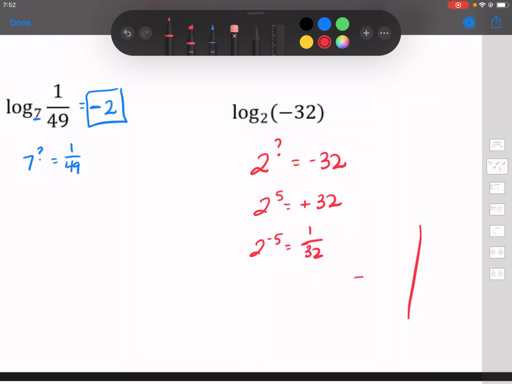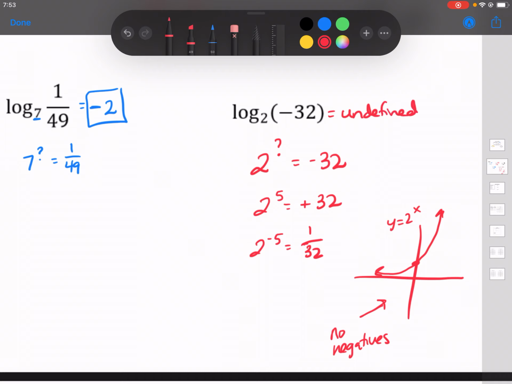And if you think about the graph of an exponential, y equals 2 to the x will look like this. So you'd have no negative y values, meaning this is undefined. It's not solvable. There's no solution to this.